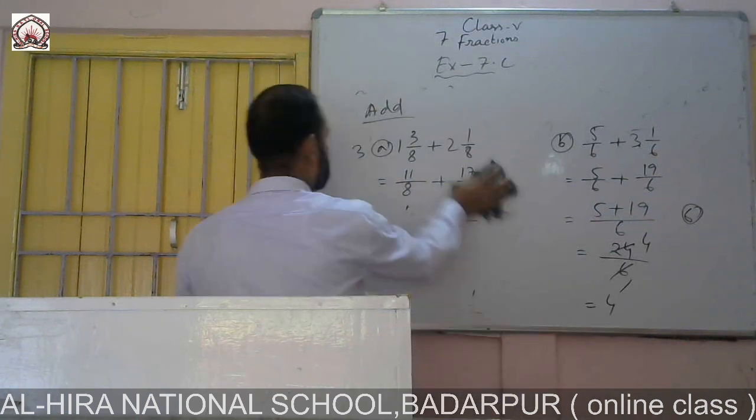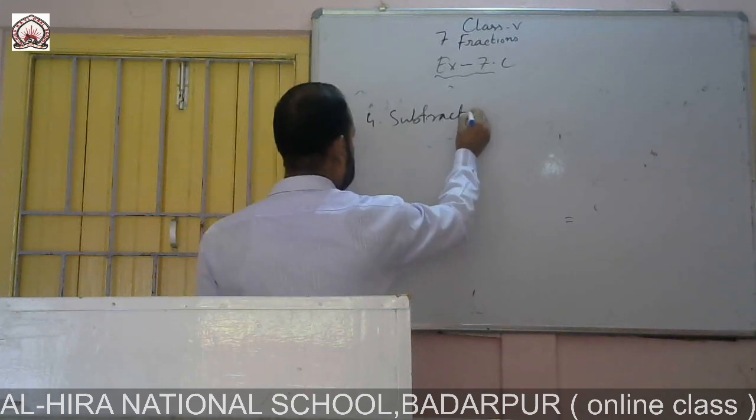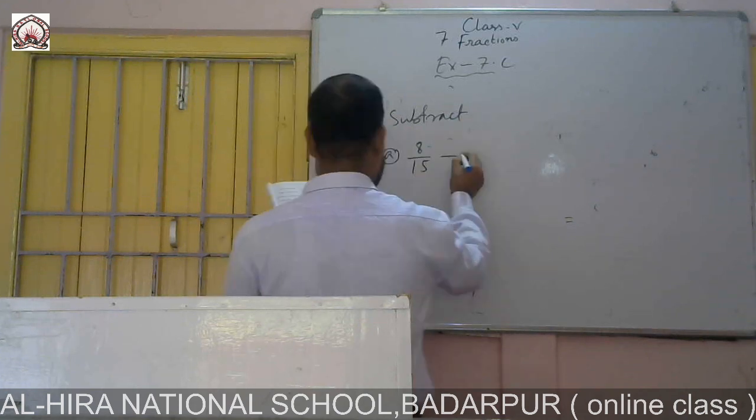Next, question number 4, subtract. Number A, 8 by 15 minus 2 by 15.